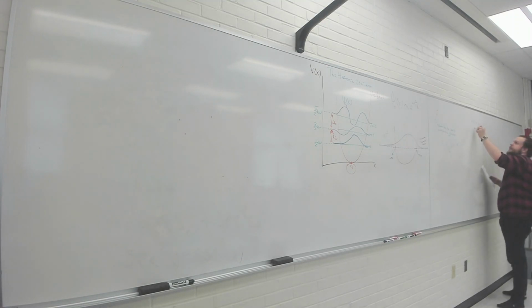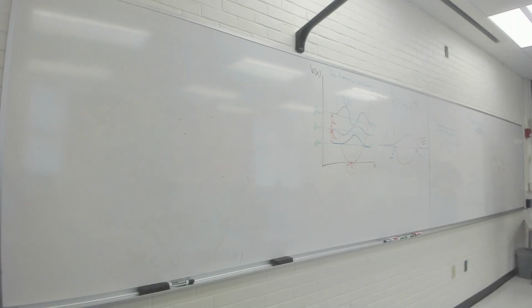So that means that xt is equal to plus or minus the square root of 2 times the potential at that energy divided by k. But what is V? What is the potential energy at that point?